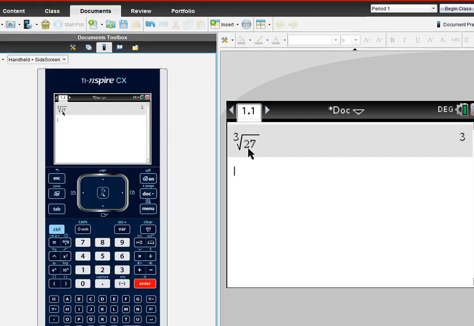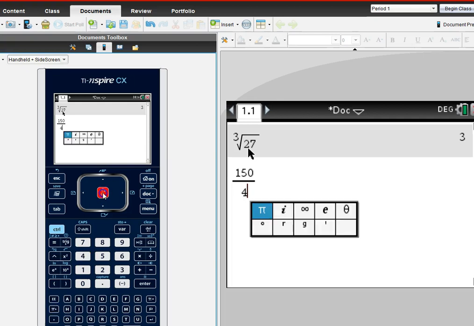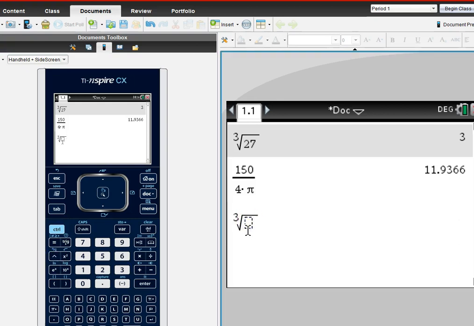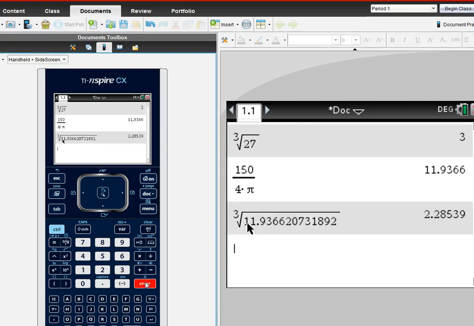Now when you do that division by 4 pi, create the fraction first. So 150 divided by 4 pi. If you don't do it that way, you'll get the wrong answer. Now we want to take the cube root of that, so control and this little thing here, the cube root, and then I'm going to hit control and the negative sign. That puts my previous answer in, and you see it put that 11.93 in, and so it would be 2.28. So I just wanted to show you that little calculator thing, because that is something that you might need.